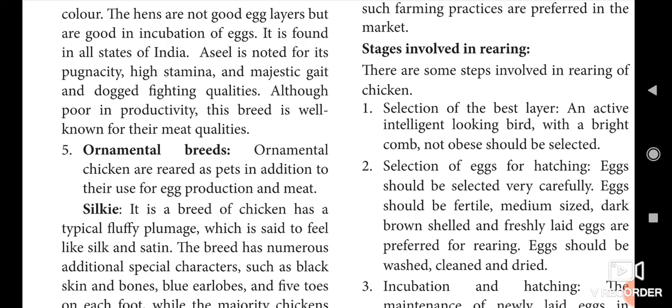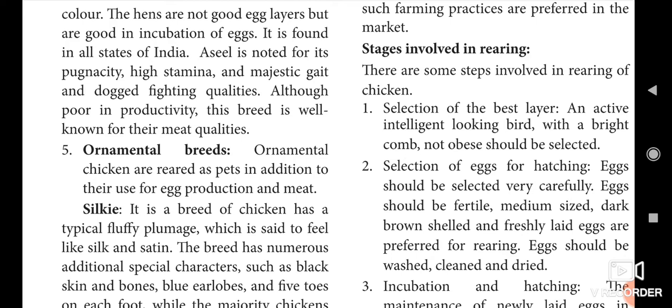Next we see about the ornamental breed. Already I said ornamental breed means it will be grown as a pet. Ornamental chickens are reared as pets in addition to their use for egg production and meat. For example, Silky. It is a breed of chicken with a typical fluffy plumage which is said to feel like silk and satin.